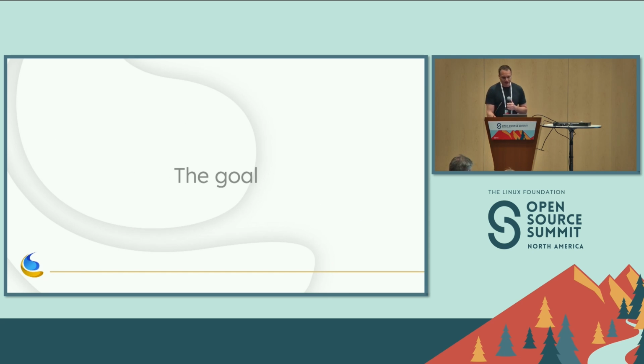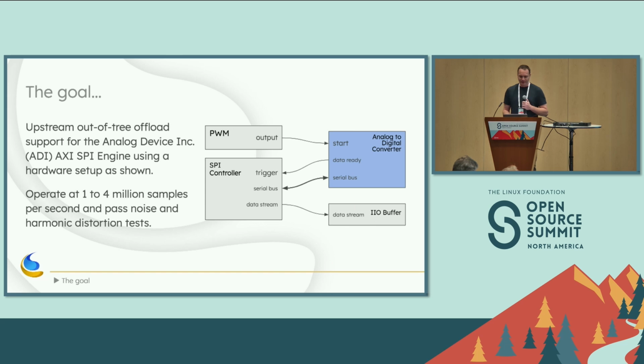So now that we've set the background, let's talk about the goal of what we actually want to accomplish. Analog Devices have had their AXI SPI Engine that they've been using out of tree for quite some time. And of course, like any good open source citizen ought to, we want to upstream that.